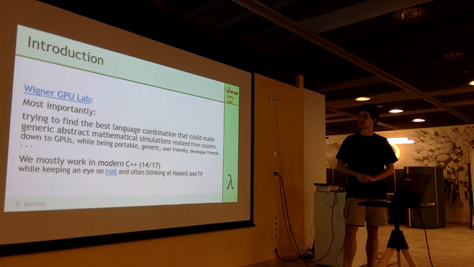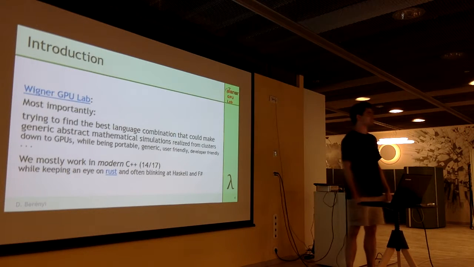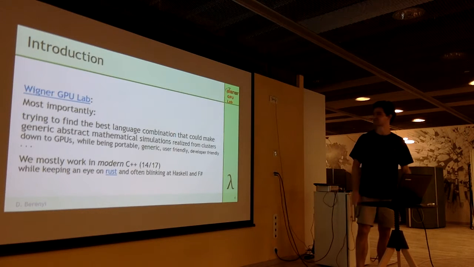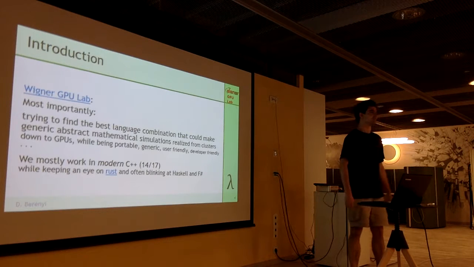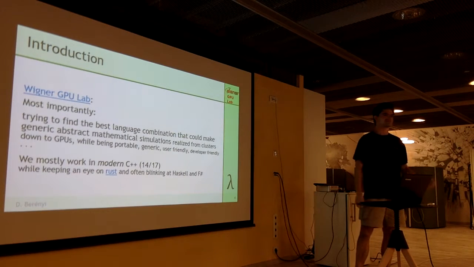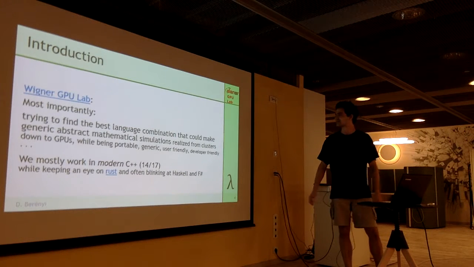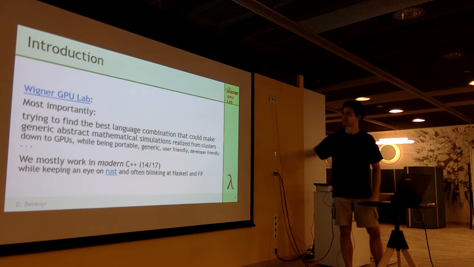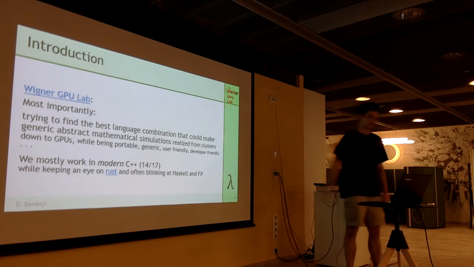And also being portable, so you are not just tied to one architecture or one operating system. It should be generic, so you don't want to rewrite everything from scratch just because some researcher said, okay, I have to put in one more variable, and what happens then? It should be user-friendly, developer-friendly, and there is a long list that we couldn't go into in detail.